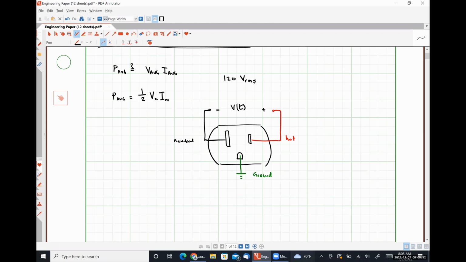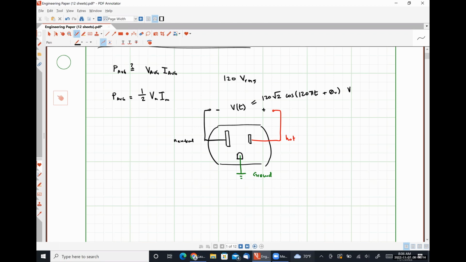So if we got an oscilloscope, we have several around the room, and we jammed scope probes into our outlet, what we would actually see is that we would have 120 times the square root of 2 cosine 120 pi t plus some phase angle theta v volts. That depends on when we started measuring things. Might be slightly off from 120 square root of 2, depending on how many resistive losses and things like that we see down the line, but it's going to look something like that general form.